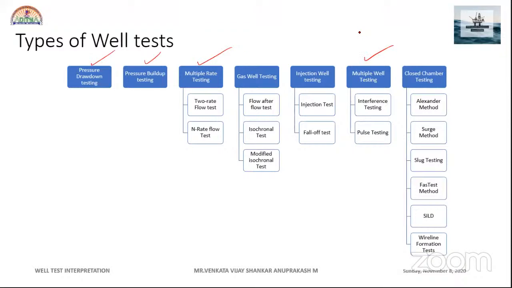Multi-well is a number of wells, and multi-rate is about different flow rates, Q1, Q2, Q3, and so on. In multi-rate we also have the two-rate flow test and the N-rate test. N-rate means N such flow rates are available, or we can write it as QN.